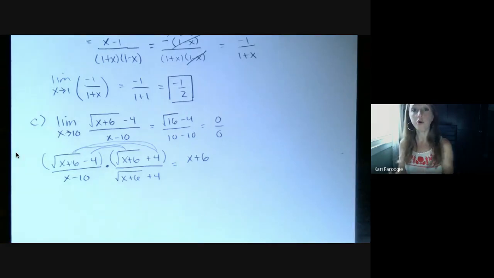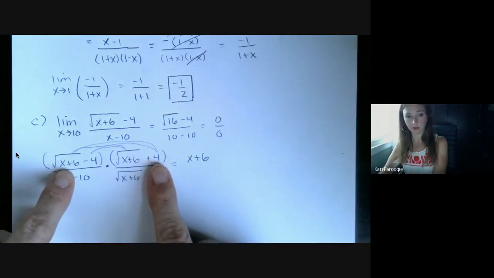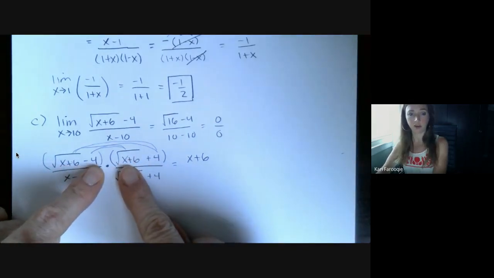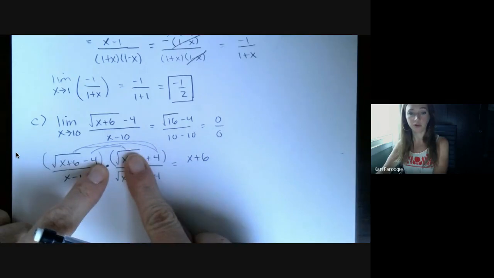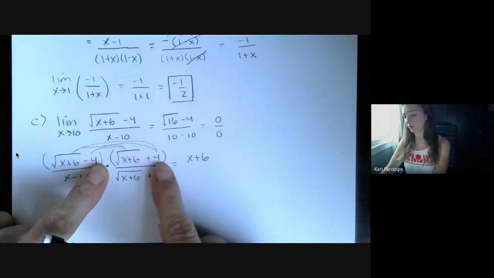Now, the whole point of the conjugate is that the outside and inside terms cancel. They become additive inverses. So you're going to have 4 times the square root of x plus 6, and then plus -4 times the square root of x plus 6. Those two terms will cancel. You don't even have to write them. The last terms just give you -16.